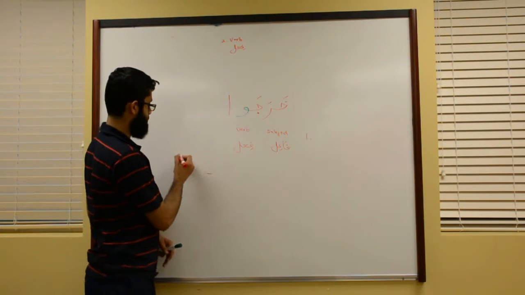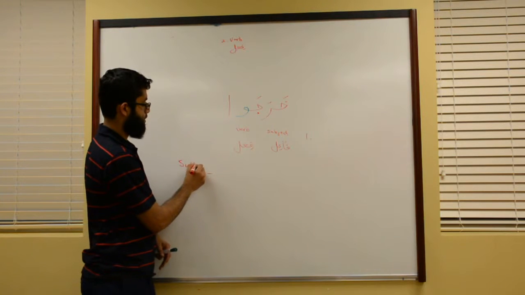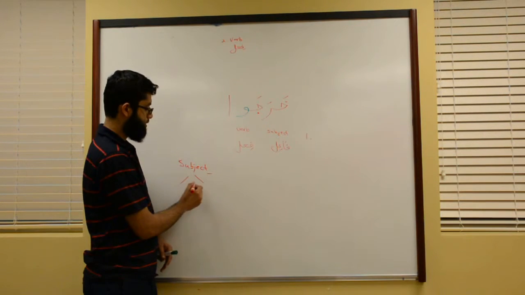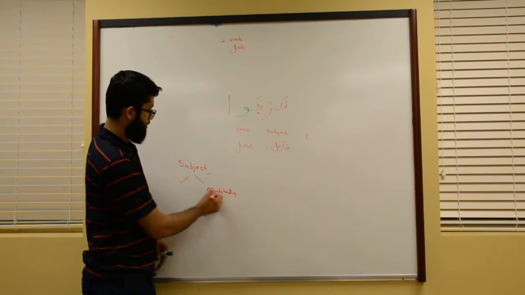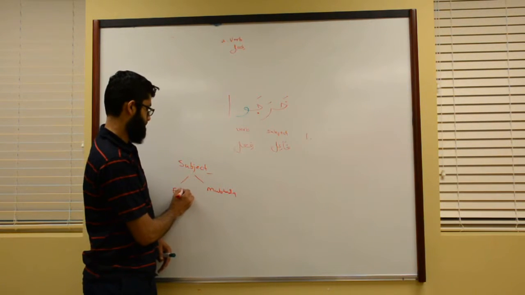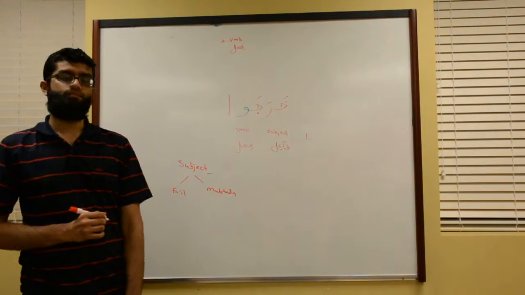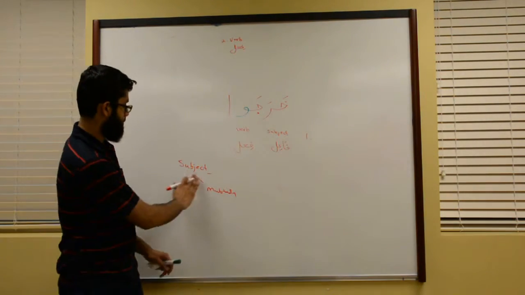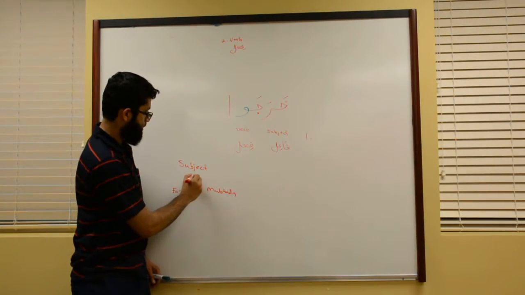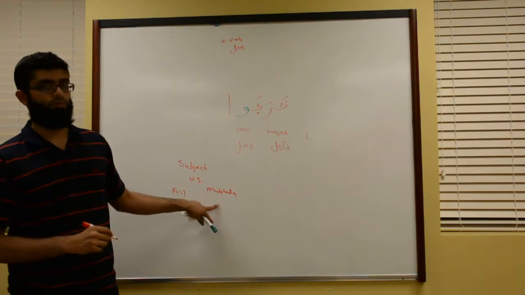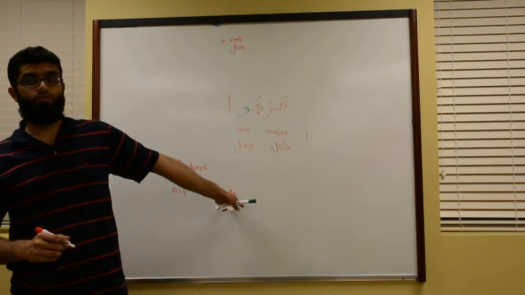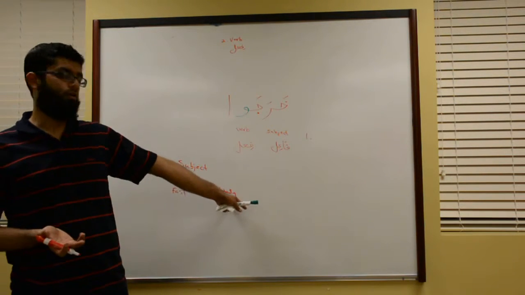So this is the difference. In English you have just one word, subject, but in Arabic it's either mubtada or fa'il. Mubtada is if the sentence begins with a noun, a nominal sentence.